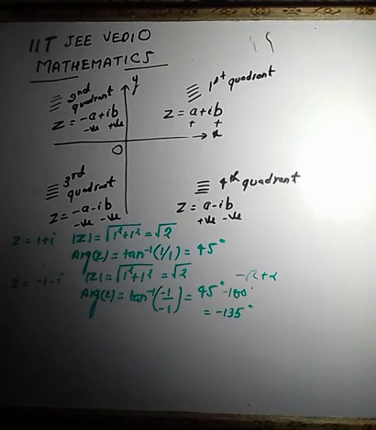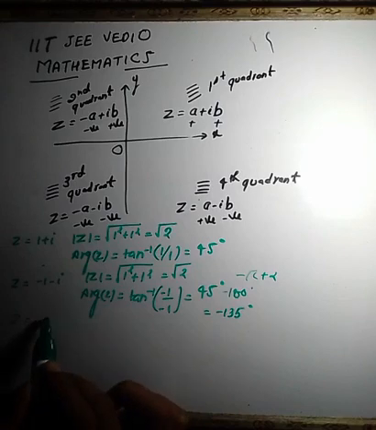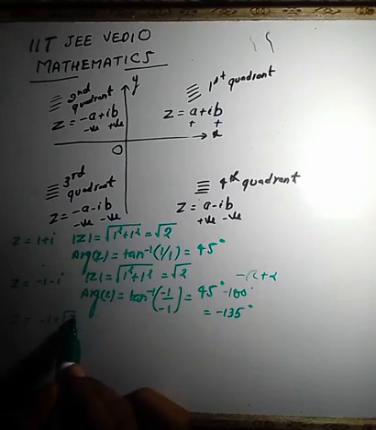Understood? And the last one is if z equals to minus 1 plus root 3 i.